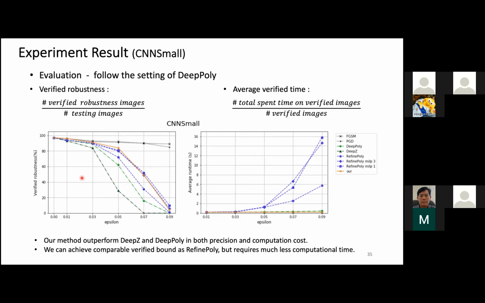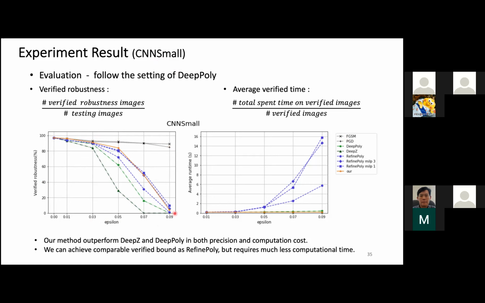In the left figure, we can see there are two black lines. This is the result of FGSM and the PGD attack on the CNN small under different epsilon. And we can see that along the black line, the precision will drop as the epsilon is set larger.